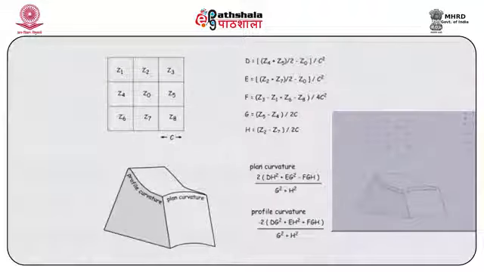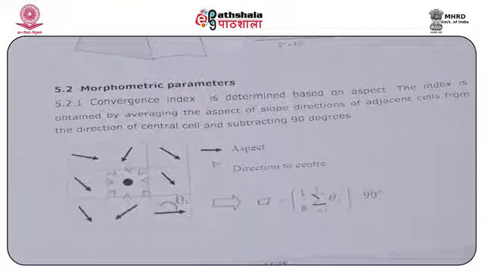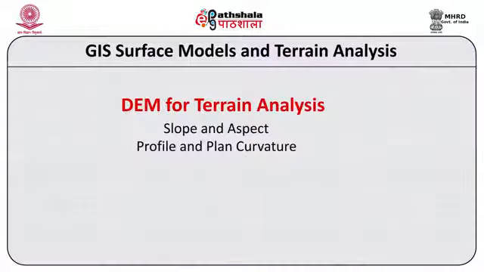Coming to other parameters which can be determined using the digital elevation model, the digital elevation model has a lot of points which can be derived from it. One of the analyses which can be done on the digital elevation model is the analysis of the morphometric parameters. Now what are the morphometric parameters?